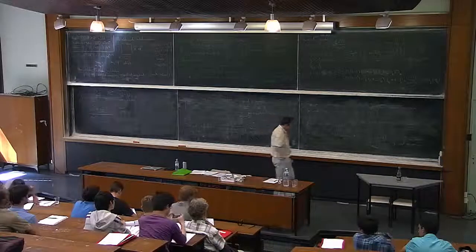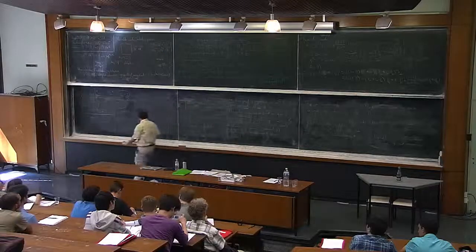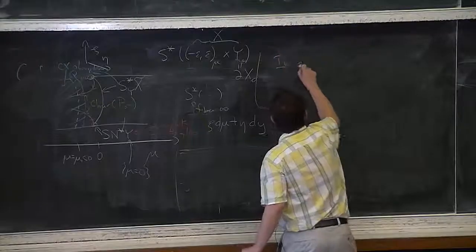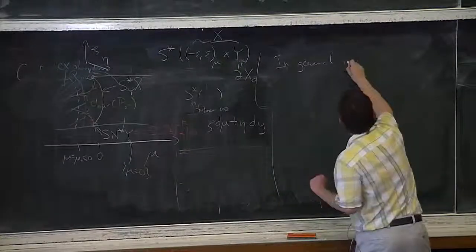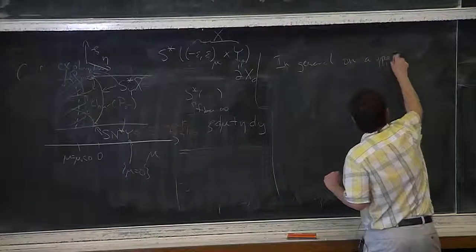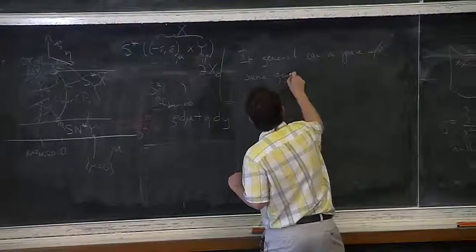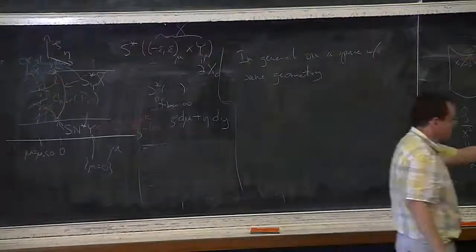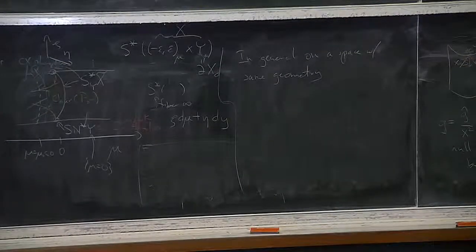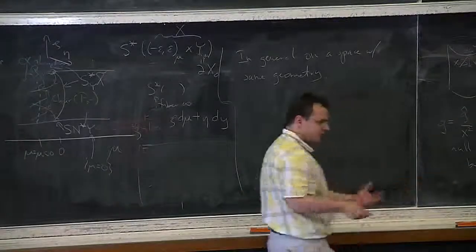So in general, on a space with the same geometry, of course, you will not have this structure, but what you will want to do is, the general spirit of microlocal analysis.